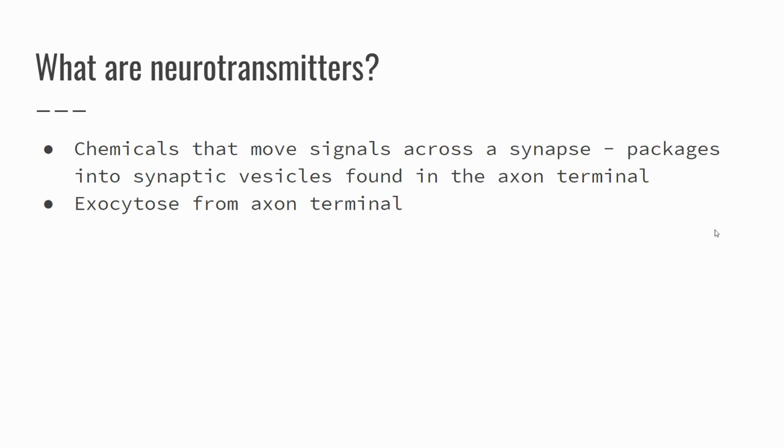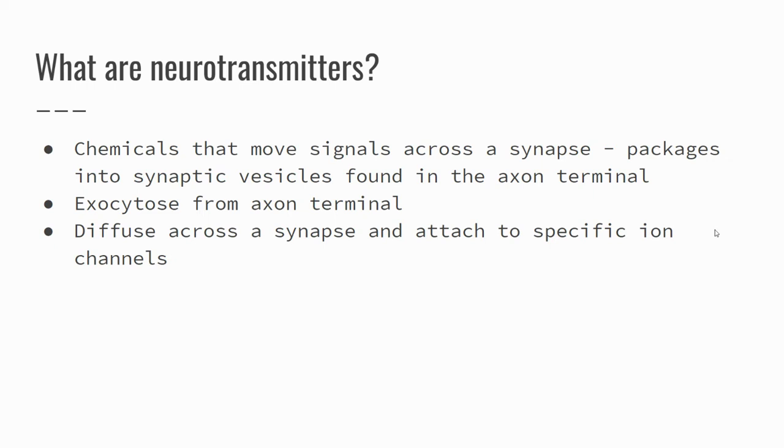Now, the word exocytosis means to burst open. Exo meaning exit, and the cytosis part is to break apart. What happens is when those neurotransmitters break from the synaptic vesicle, they diffuse across the synapse and attach to ion channels on the dendrites of the next neuron.